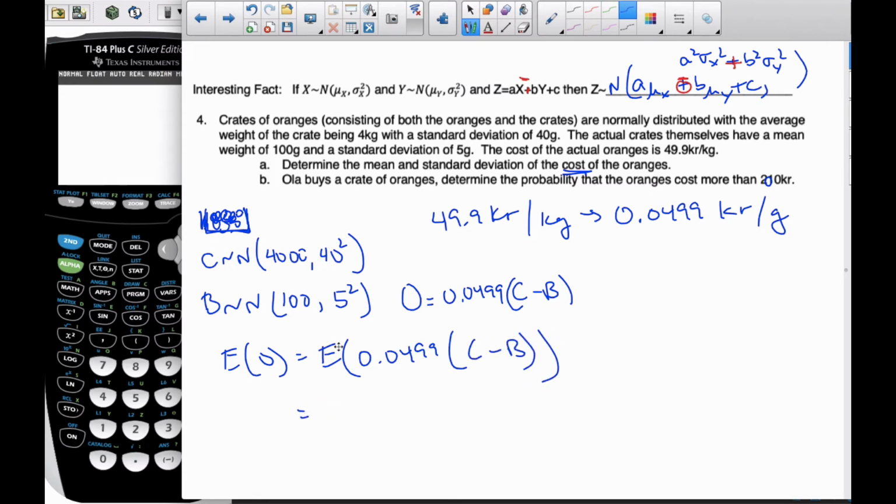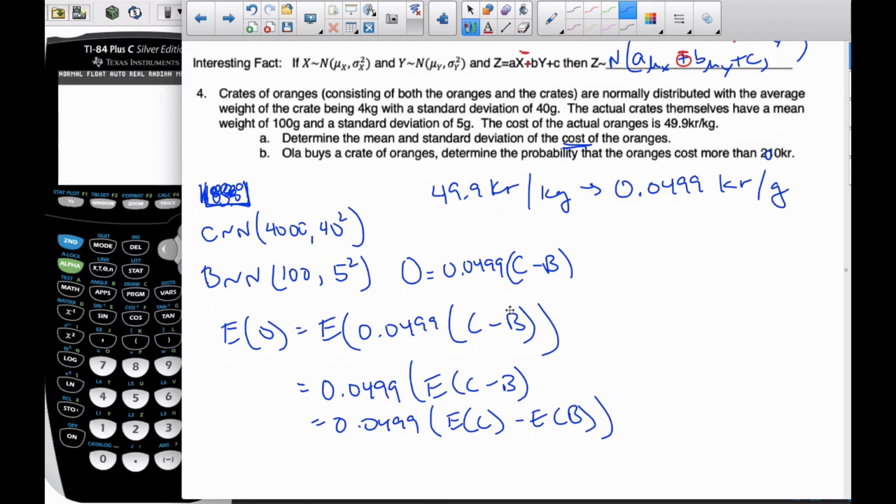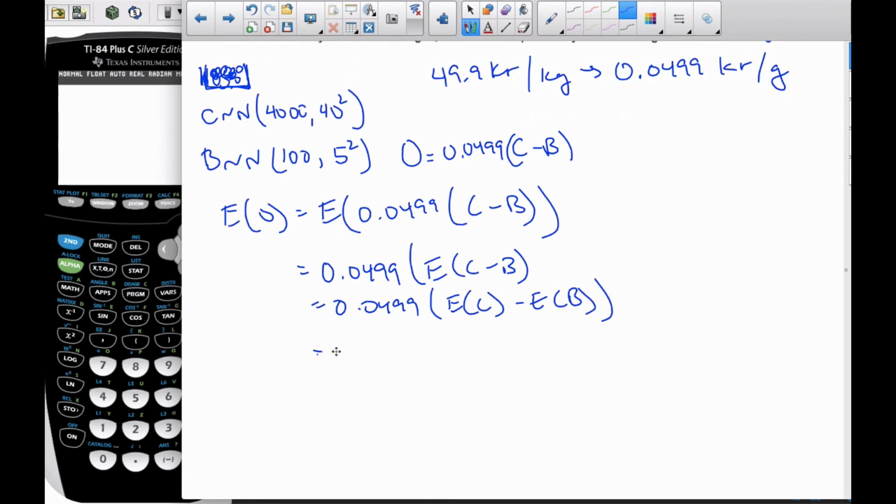Well, using my rules of algebra on expected values of random variables, the constant can come out times the expected value of C minus B, which is going to be 0.0499 times the expected value of C minus the expected value of B. I'm going through all the details of the algebra here.